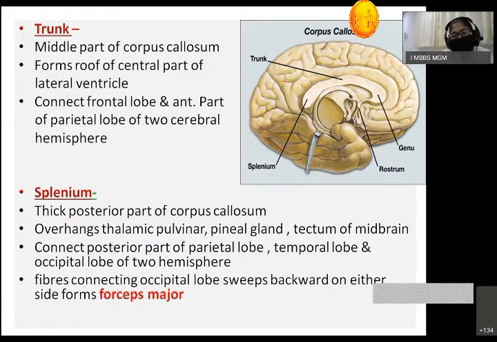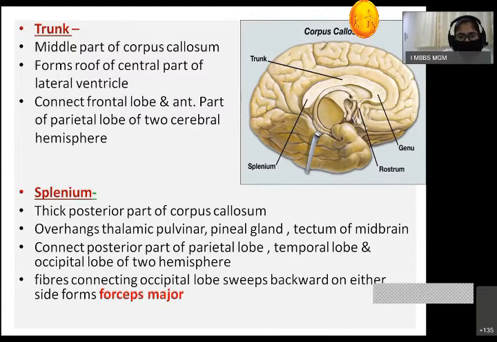So fibers from the genu sweep forward in the frontal lobe and form the forceps minor, and fibers from the splenium sweep backward in the occipital lobe from the splenium part of the corpus callosum. This is forceps major. This is forceps minor.